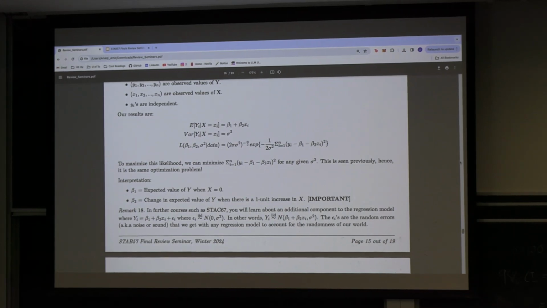But why is this important, right? Why is the likelihood important specifically? With any model, we want to maximize the likelihood. Now, with this formula of the likelihood, the way we can maximize it is actually by minimizing this section right here.